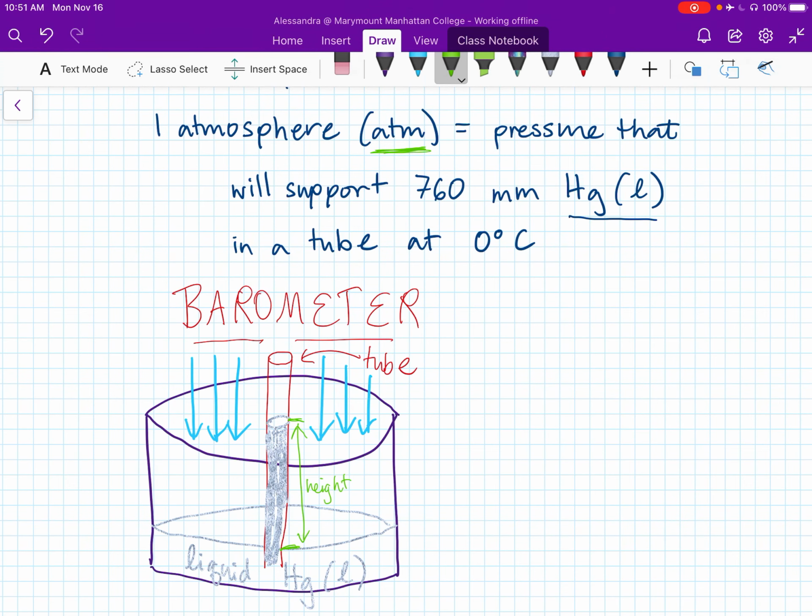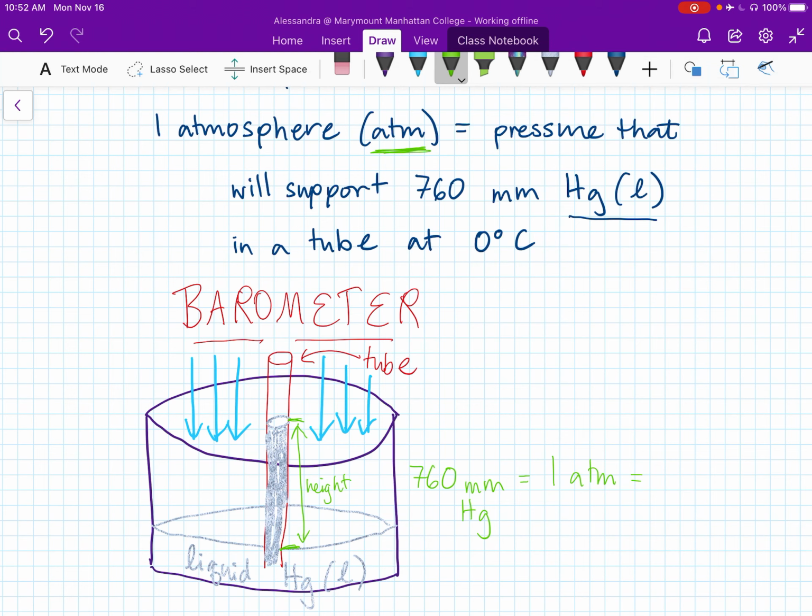you will find different pressures depending on the elevation. For example, you might find that the mercury is pushed up 760 millimeters. You can literally measure it with a ruler. Now, 760 millimeters is defined as 1 atmosphere. So sometimes you'll see the unit expressed as millimeters of mercury, mm of Hg.